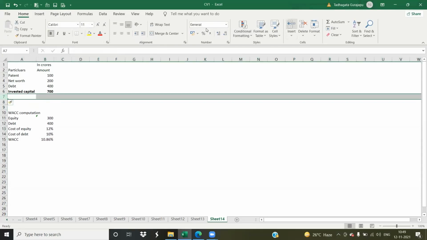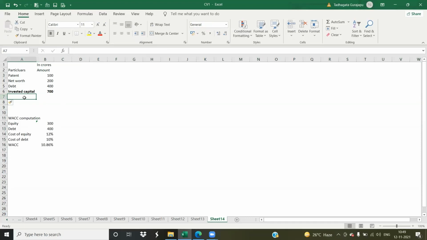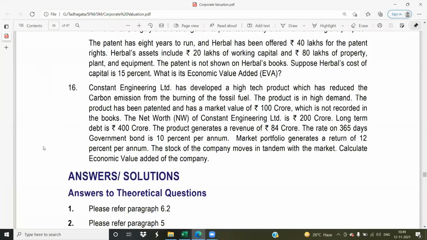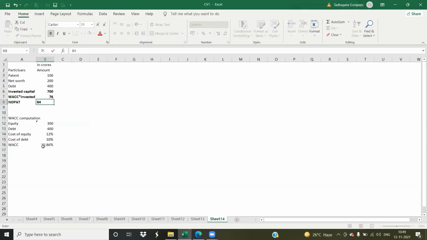So here, WACC into invested capital is this into this. So what is NOPAT? Is it given? Yes, 84 crore. So what is EVA? EVA equals NOPAT minus WACC into invested capital, that is 8.